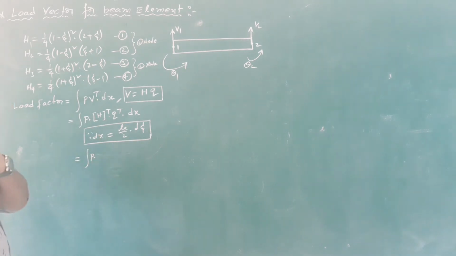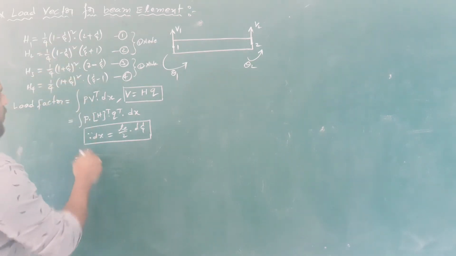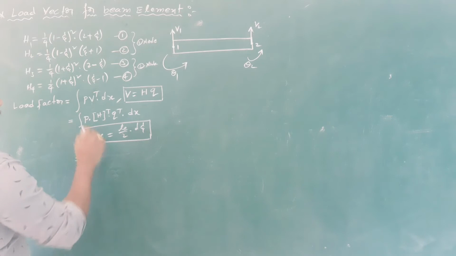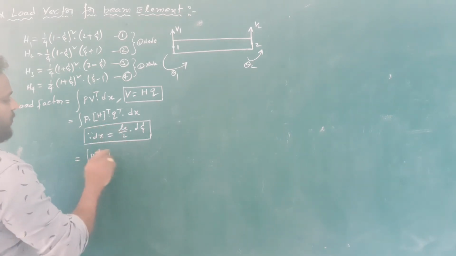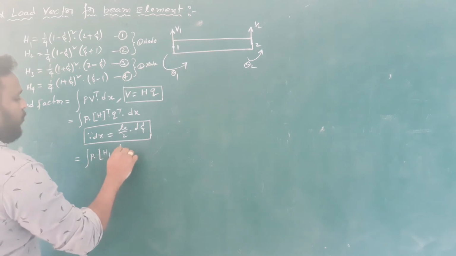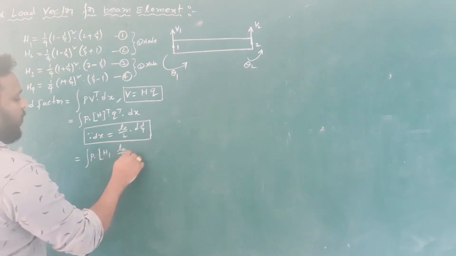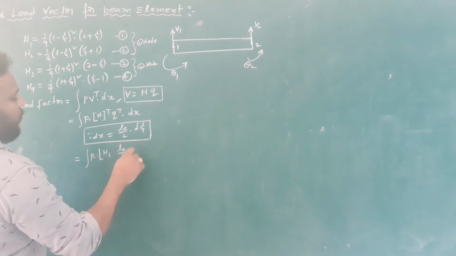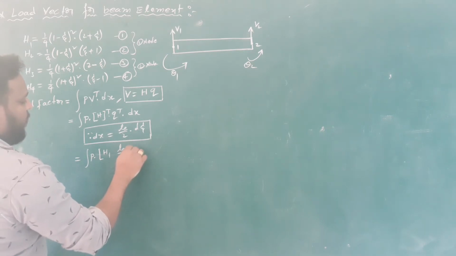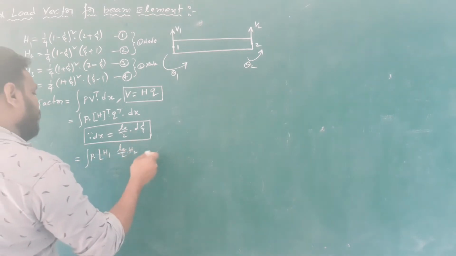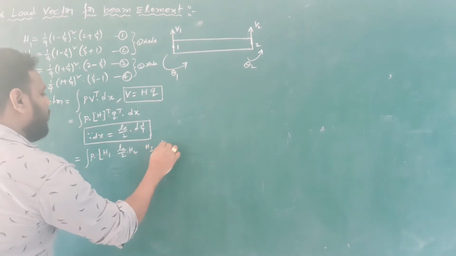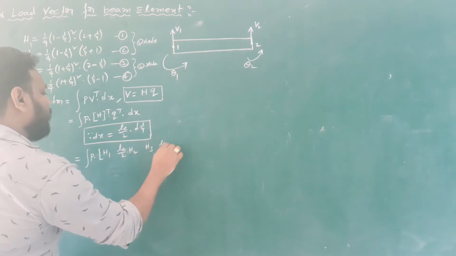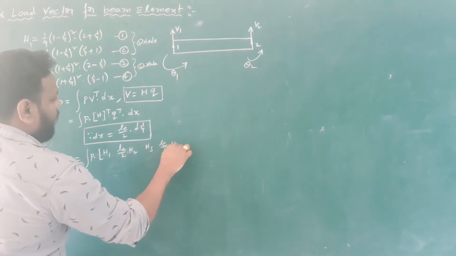H means these Hermite shape functions, the H matrix. So H transpose, that is H1, LE by 2 into H2, H3 and LE by 2 into H4.